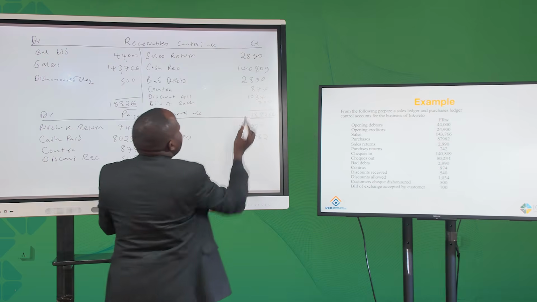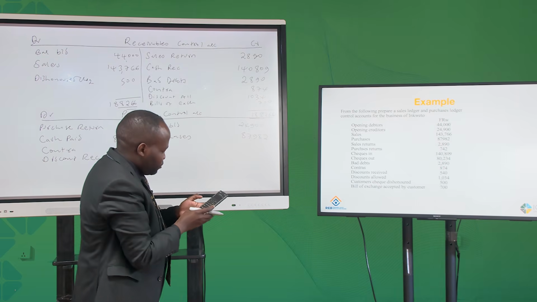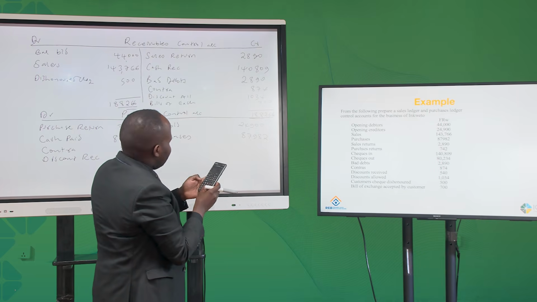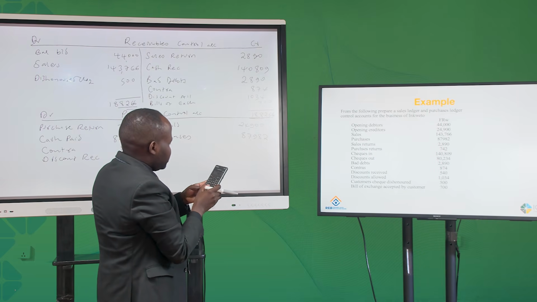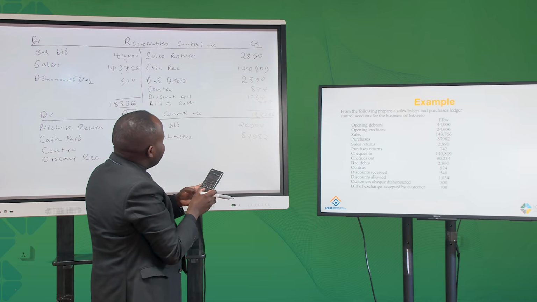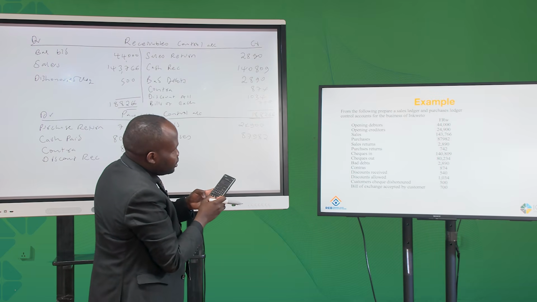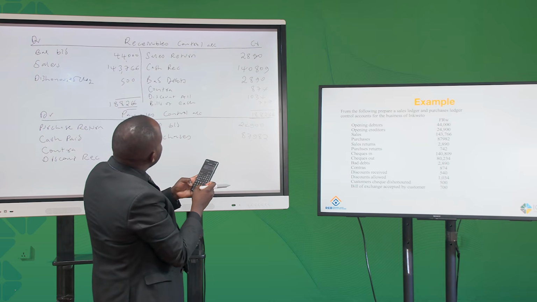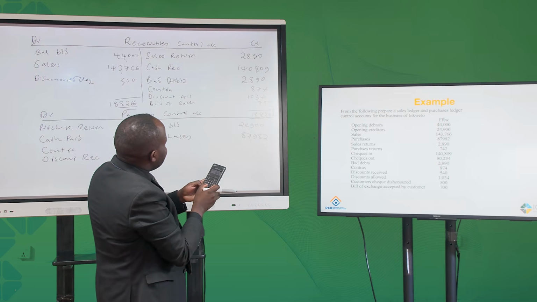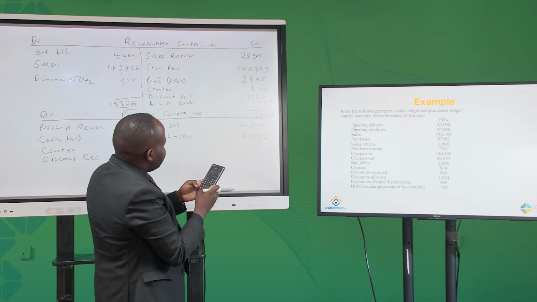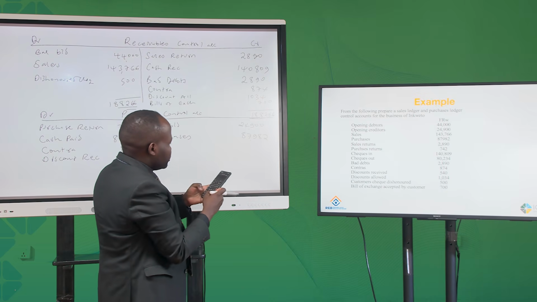Then you remove 2,890, minus 140,809, minus 2,890 again. Were there two 2,890? Yes, there were two, minus 874, minus 1,034, minus 700.